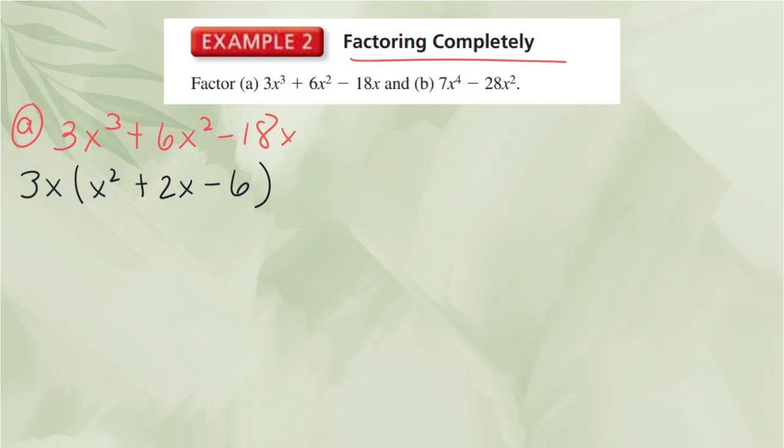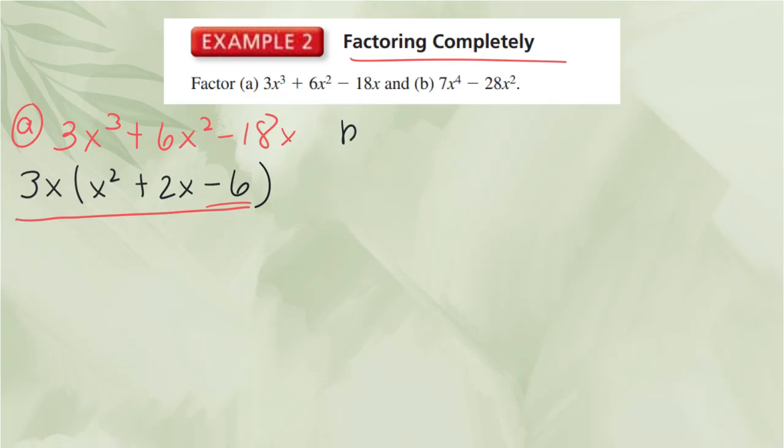Now I know that C is negative 6, correct? Let me put it in another color so we can see. C is negative 6. There are no 2 numbers that multiply to negative 6 and, when added, give me positive 2. So this trinomial is unfactorable. So this polynomial is factored completely, and that's your final answer.